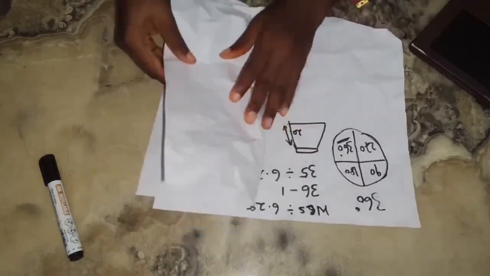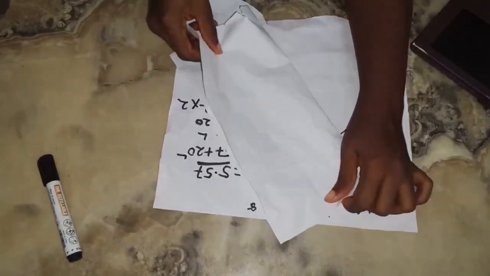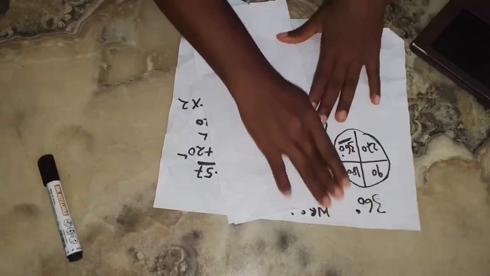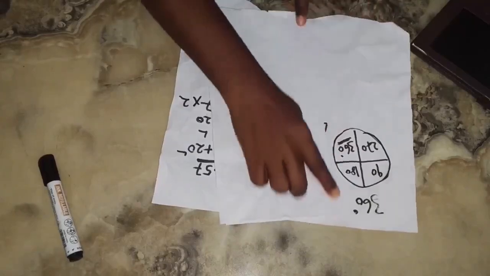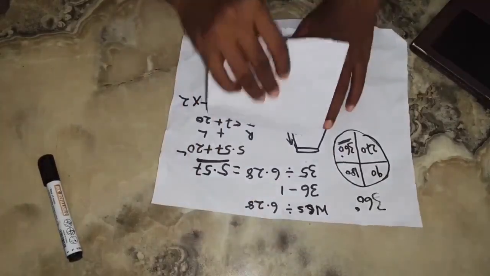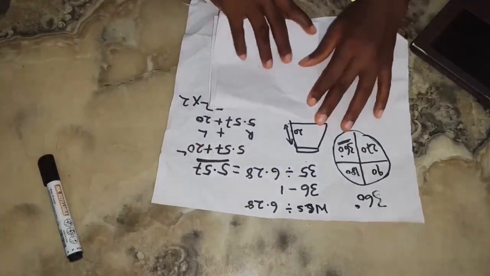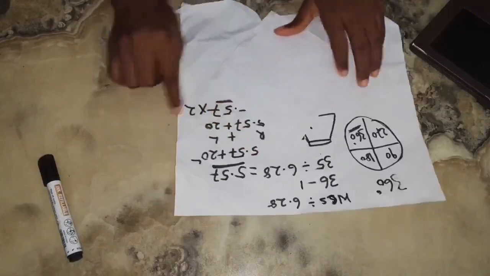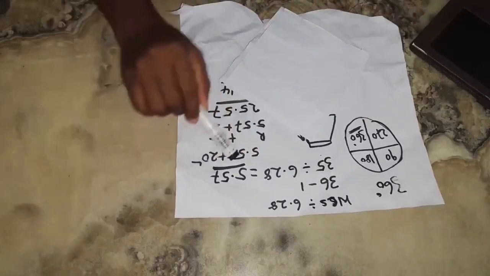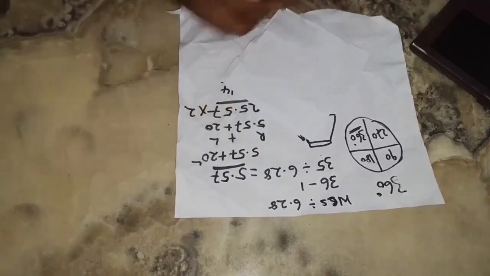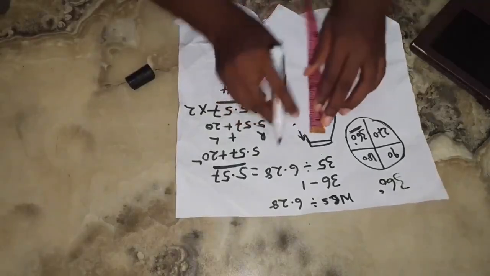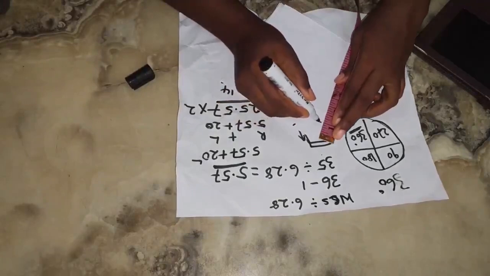So for us to fold it for a 360 degrees flare, we have to first of all fold it this way. We fold it this way, and this way. I'll also fold it down this way. So what we have as our radius is 5.57. So that is what we'll be marking here for the radius. Just mark whatever you have as the radius.